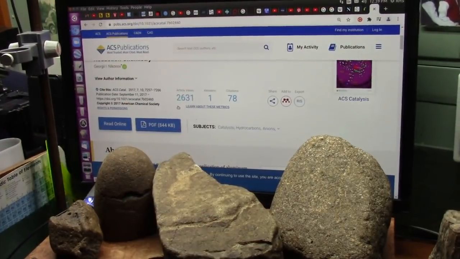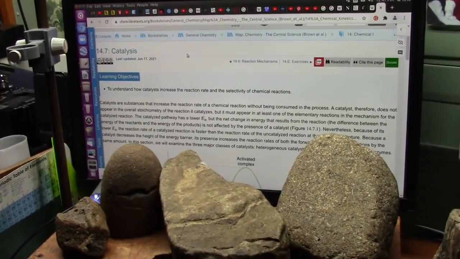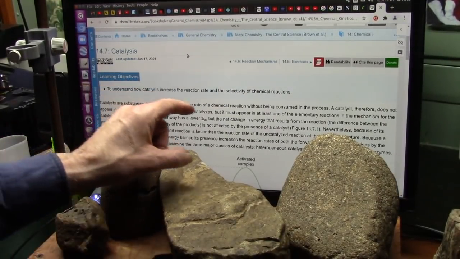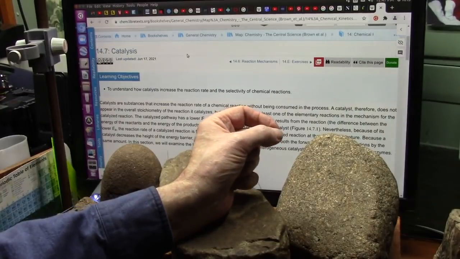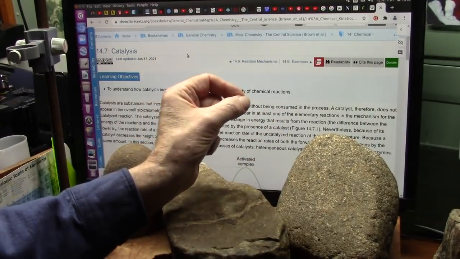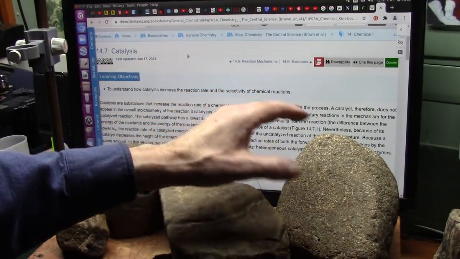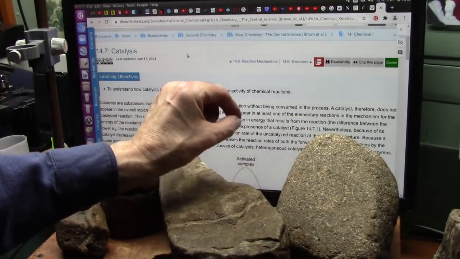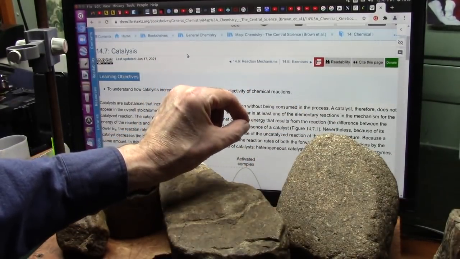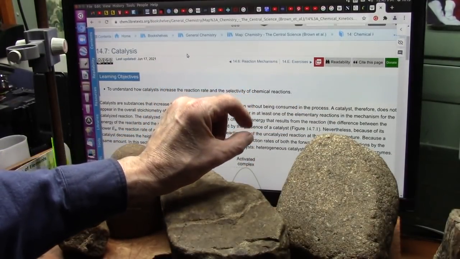Now check this out. Alright, we're going to talk about the catalysts right now. What is a catalyst? As I said, they can really increase the change in how something decays by factors that are just unbelievable. And the particle itself doesn't even get used. I'm going to give you an example, and this is true.